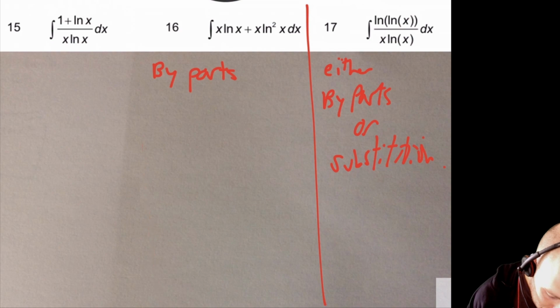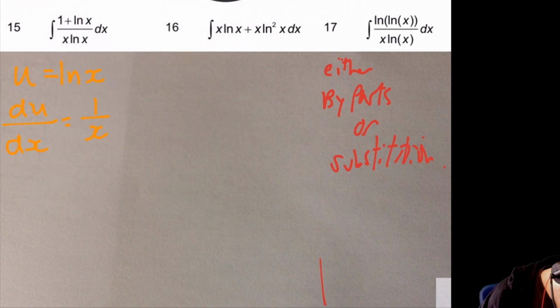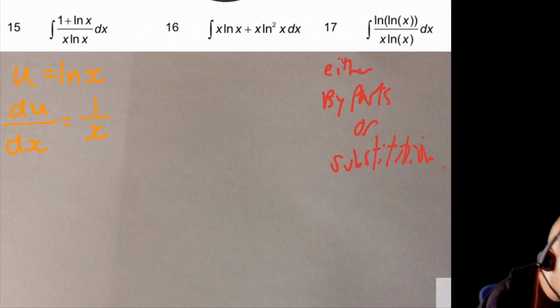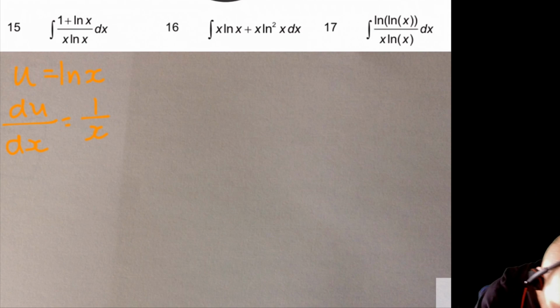Okay, so let's start with this one. So I said substitution with u equals ln x. So du by dx is 1 over x. So dx equals x du.